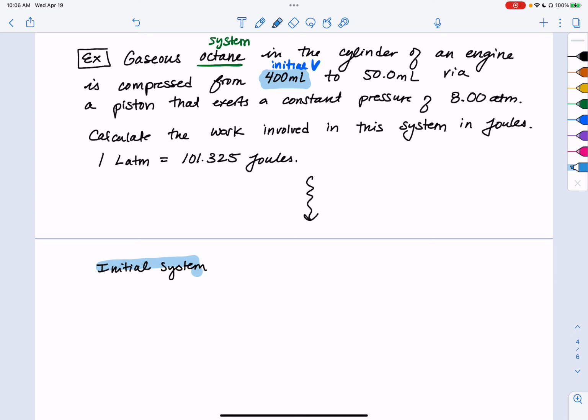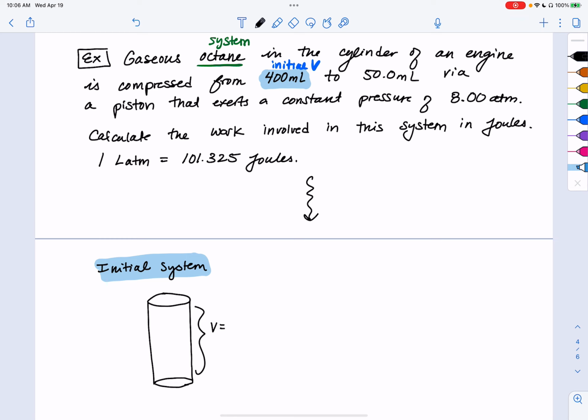My system's initial conditions: I've got a cylinder whose total volume is 400 milliliters, and I know that I have my octane particles occupying all of this volume. All right, so that's what's going on initially.